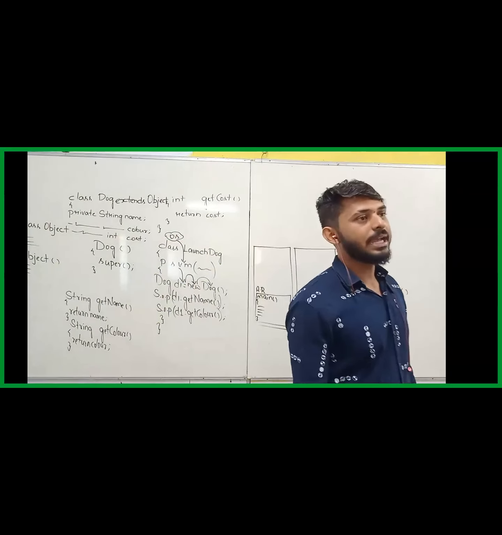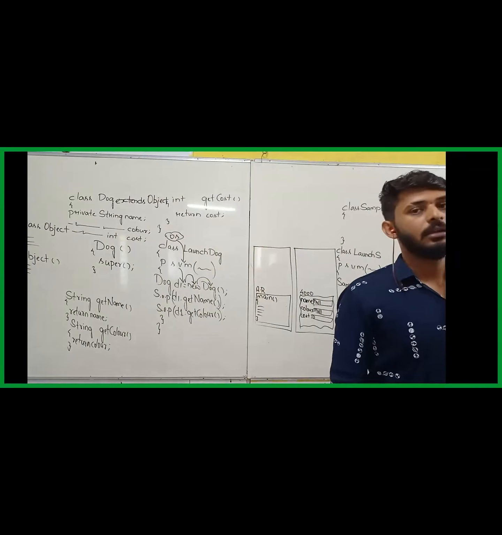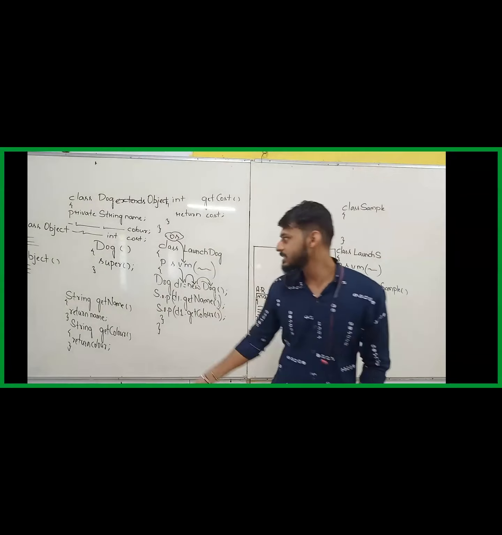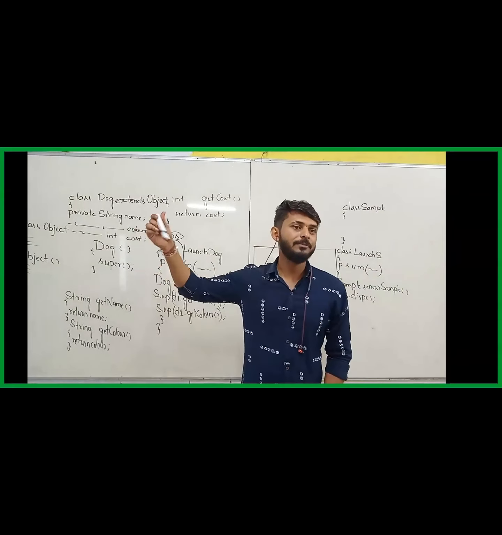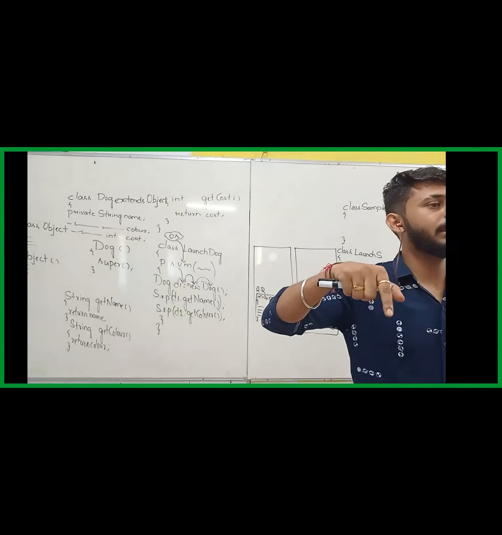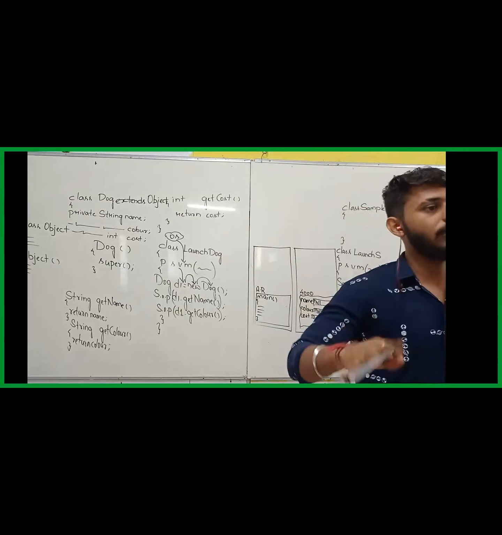Inside your default constructor means what? A constructor with zero parameters, or no parameters. The very first thing is it will include one default constructor. Inside the default constructor, a super method call will be there by default.